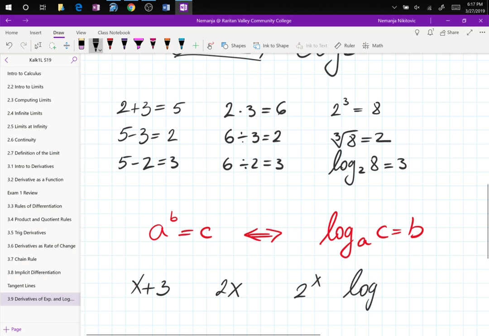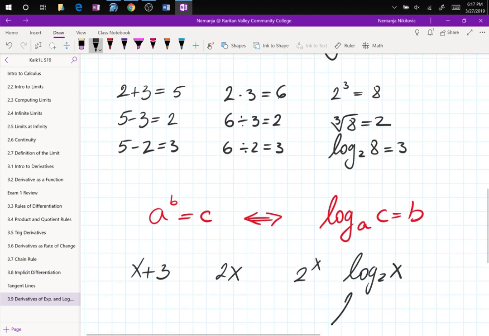Only when you say log base 2 of x is it a function. But if you say log base 2 of 16, well, it's no longer a function. Now it's a number. It's a 4. So what is the thing that makes it into a function?